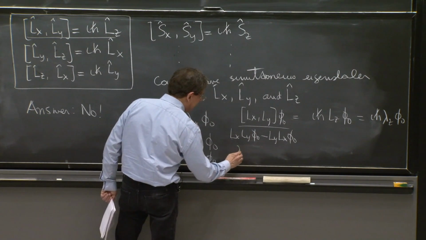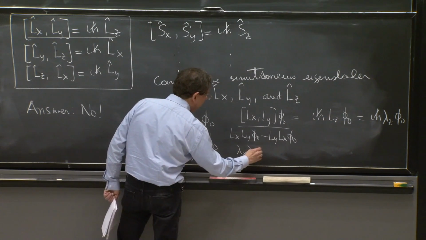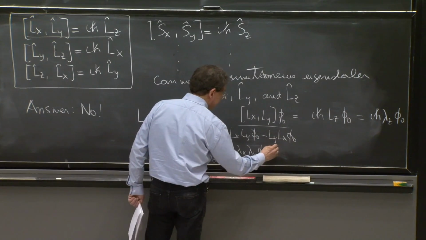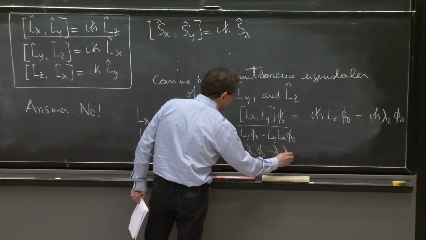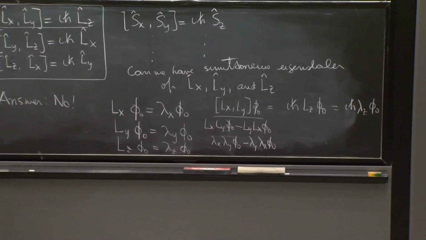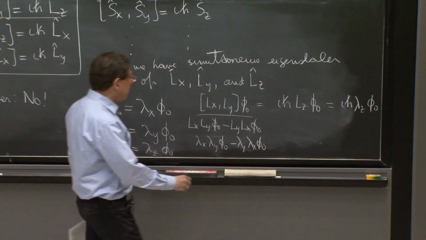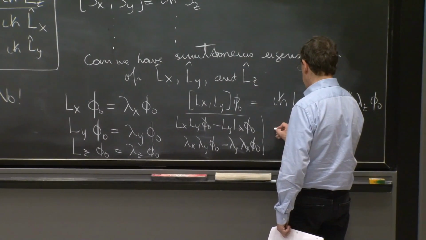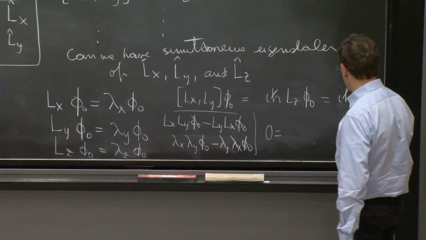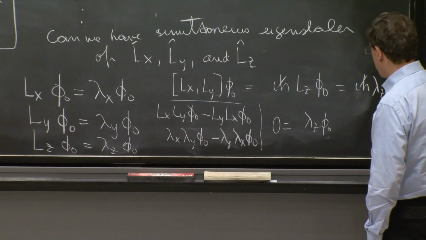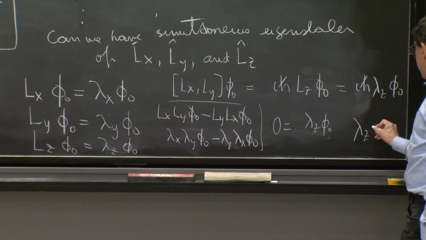So this produces lambda x lambda y phi naught, minus lambda y lambda x phi naught, which is the same thing. So the left-hand side is 0. 0 is equal to i h bar lambda z phi naught. So you get that lambda z must be 0.